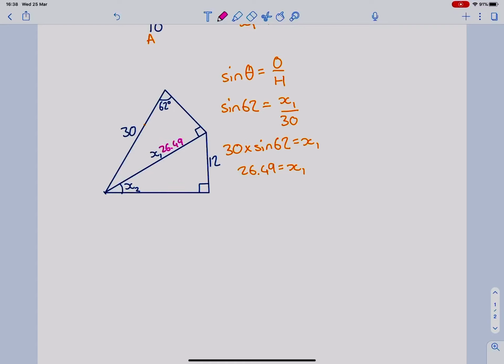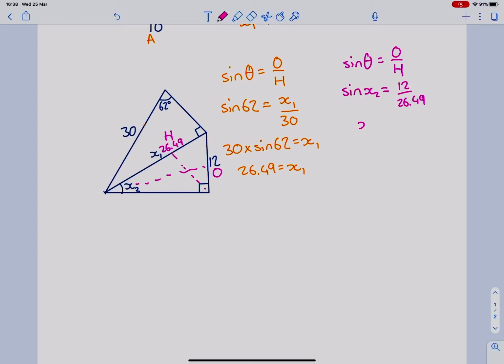Now we're going to look at this second triangle. Opposite x2 is 12, so that's the opposite. Opposite the 90 degrees is the hypotenuse, so it's O and H. So we're using the sine. So sine theta equals O over H. Sine of the angle, and the angle is x2. We don't know what the angle is, that's what we're trying to find. That is the opposite, 12, over 26.49.